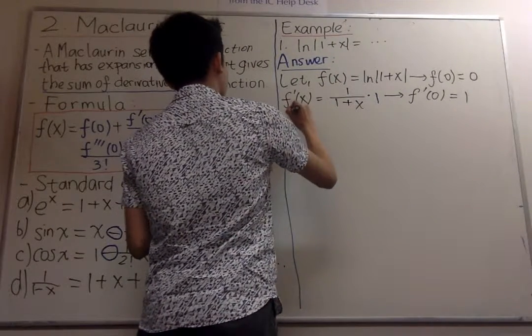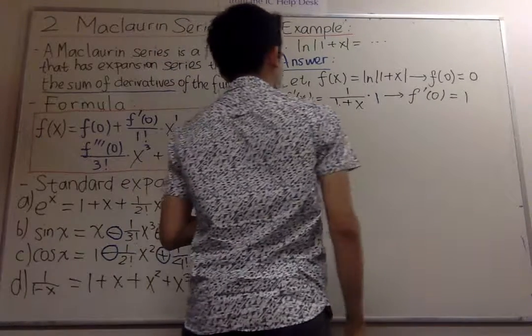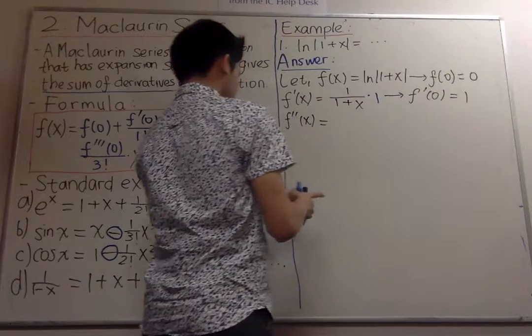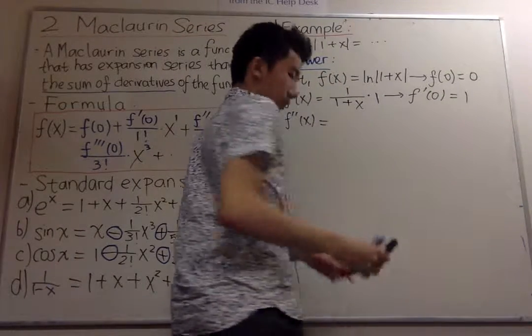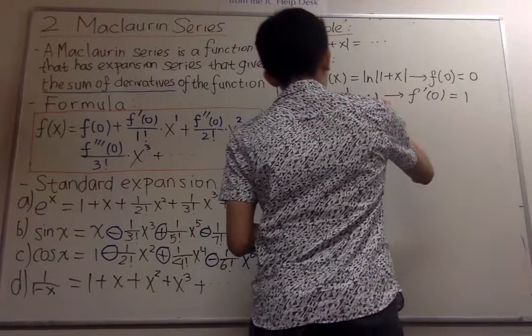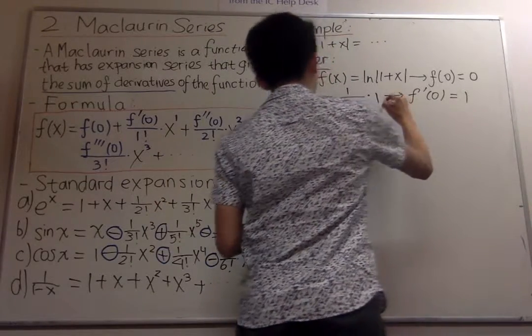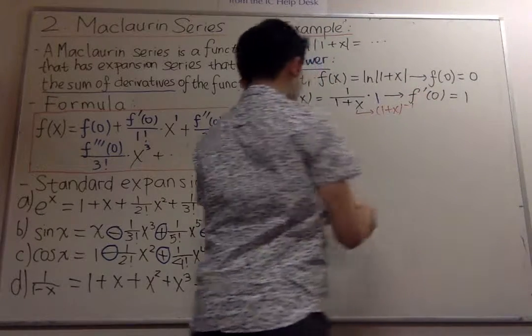Now let's differentiate for the second time. Treat this as 1 plus x to the negative 1 power.